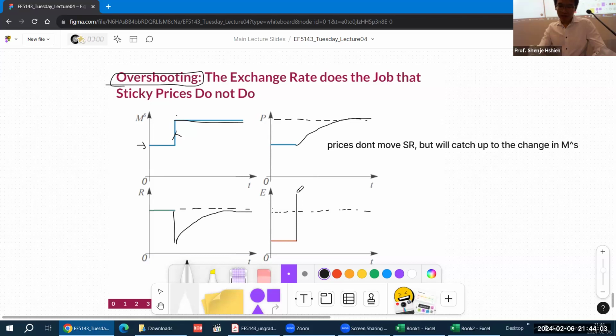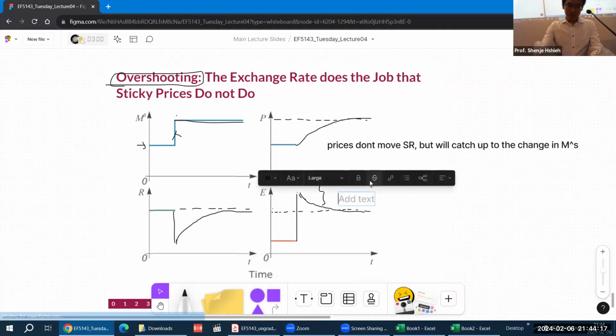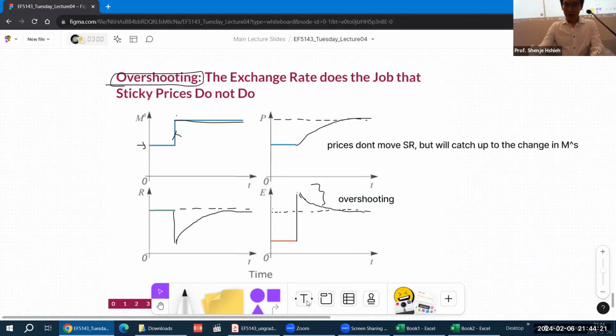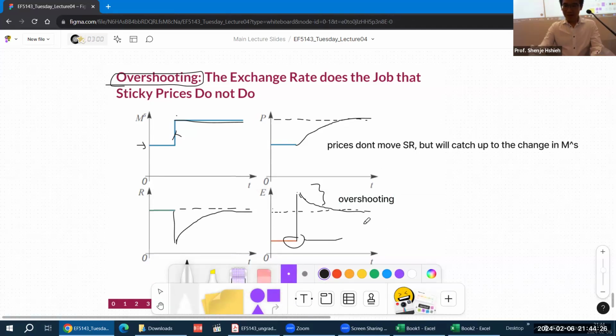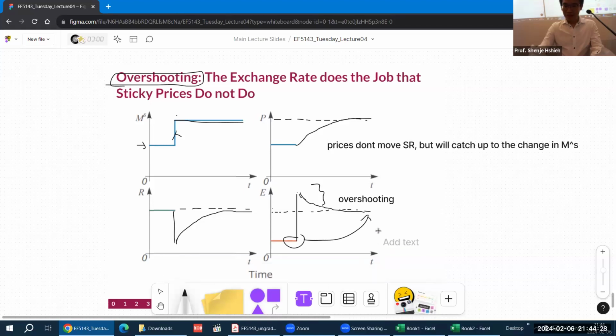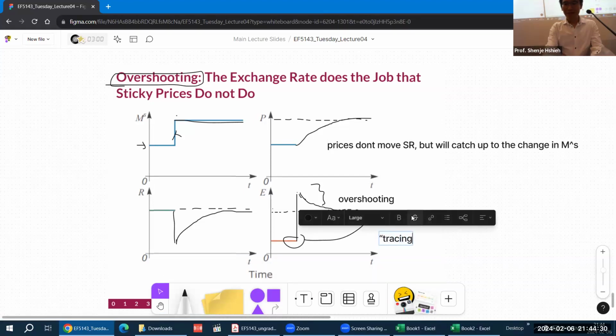And then we have a slow progression towards the long-term levels, right? So this is the overshooting. And from this point here to this point is the tracing, the following.